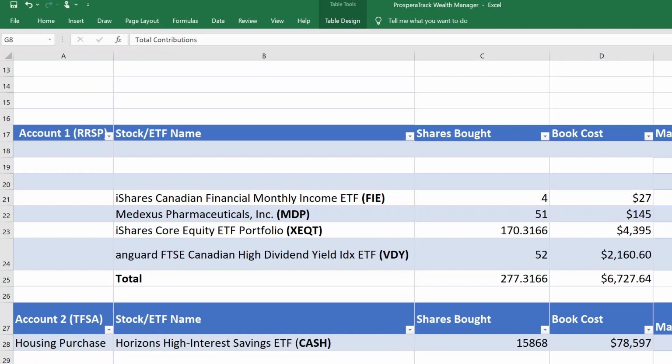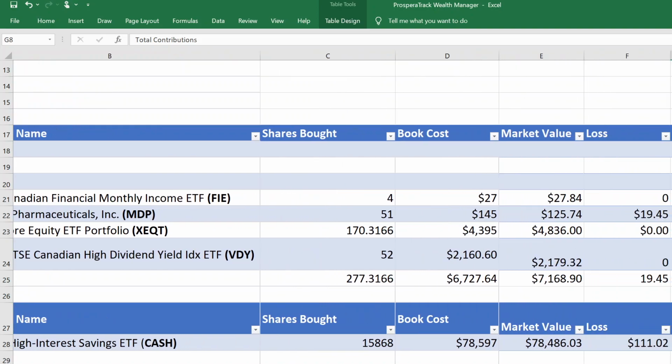As you can see, currently I own about 52 shares of this particular ETF, currently valued at 2,160. That was the book cost that I paid for it.